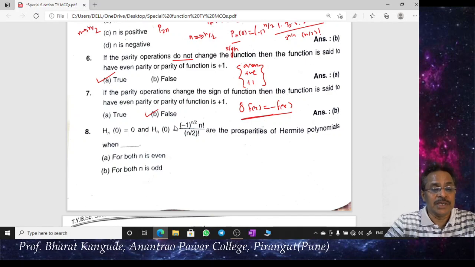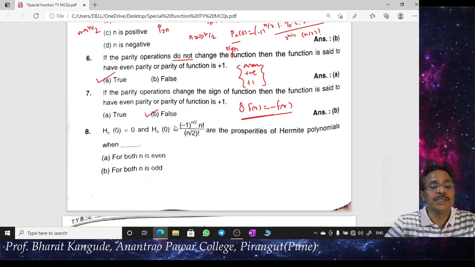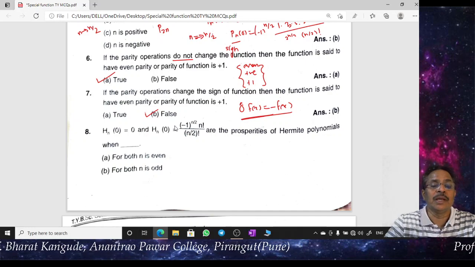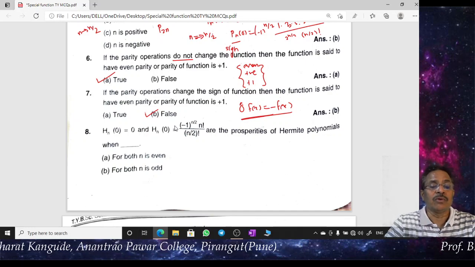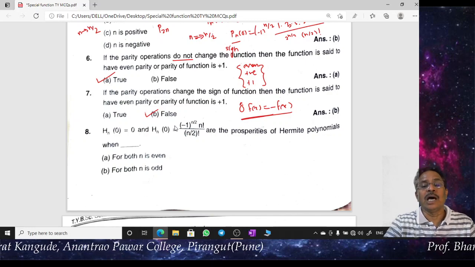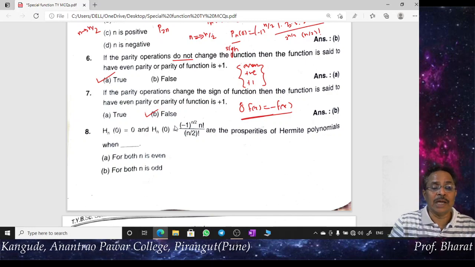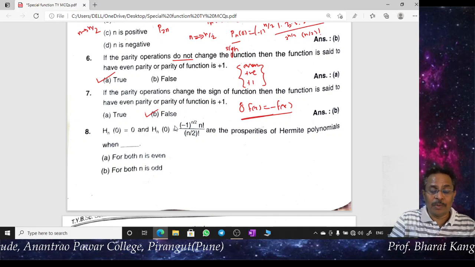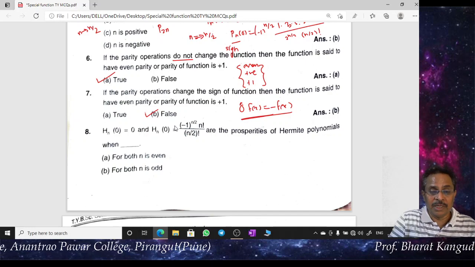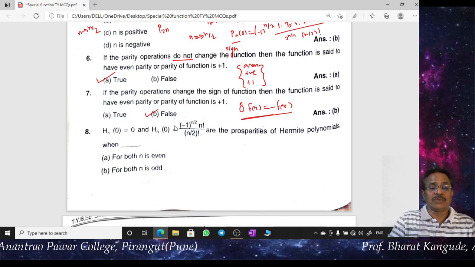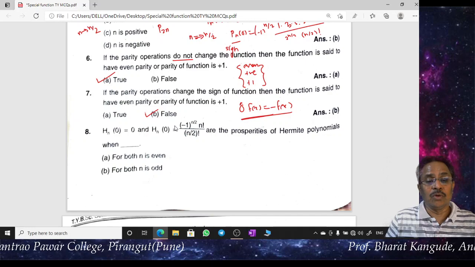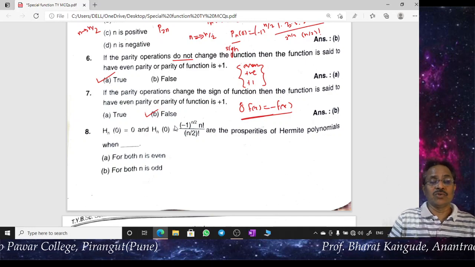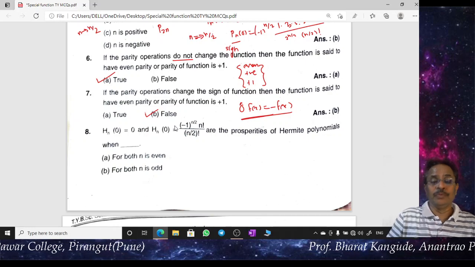Then question number 8: Hn(0) is equal to 0, and Hn(0) is equal to (−1) raised to n/2 into n factorial upon (n/2) factorial, are the properties of the Hermite function. We have to identify what happens to the value of n when n is odd, when we get Hn(0) equal to 0, as well as when n is even, that Hn(0) is found to be (−1) raised to n/2 into n factorial upon (n/2) factorial.